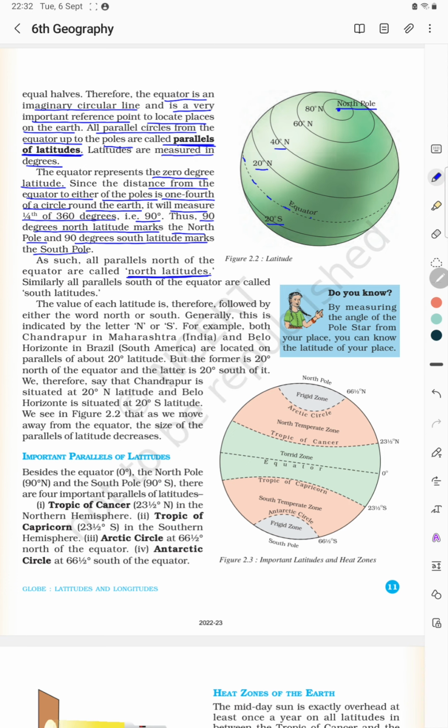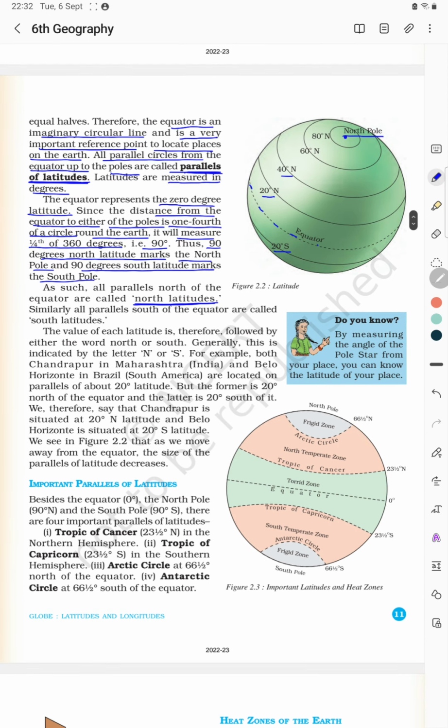I have already told that all parallels of latitude north of the equator are called north latitude. Similarly, all parallels south of the equator are called south latitudes. Clear?